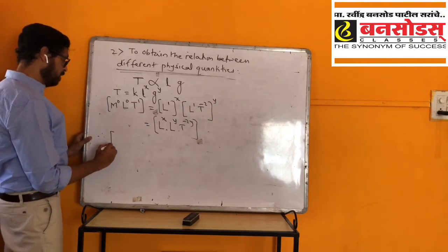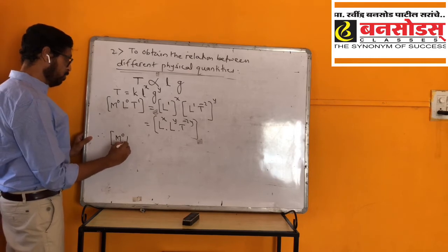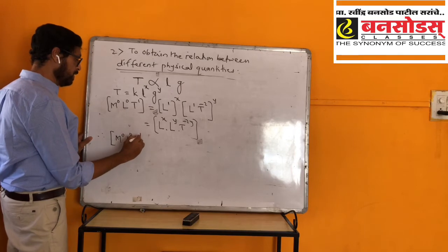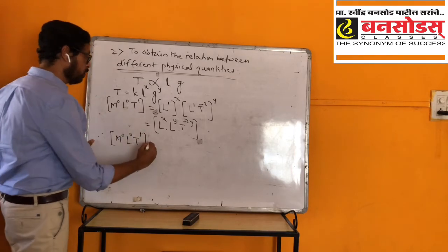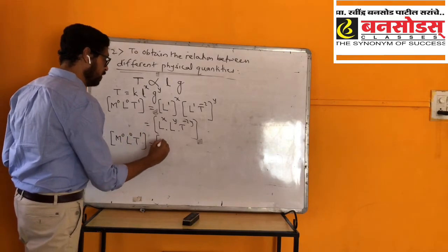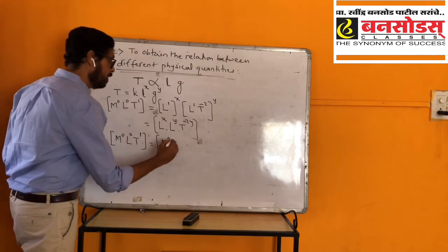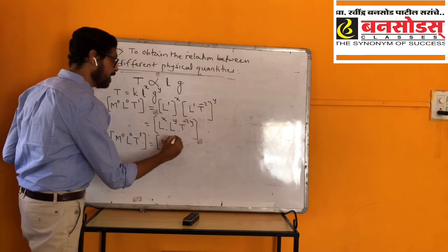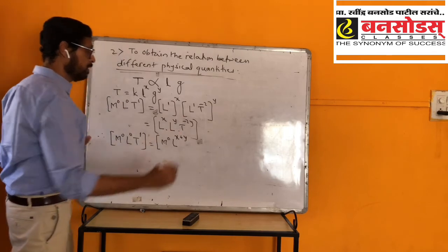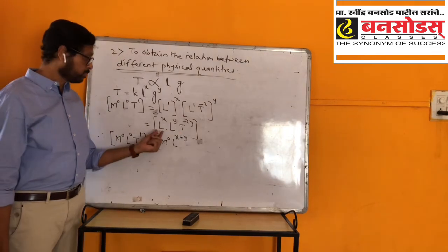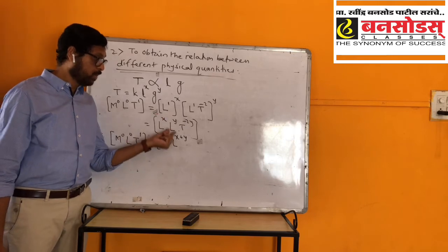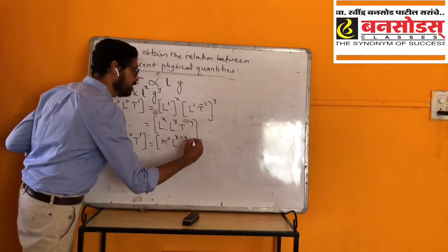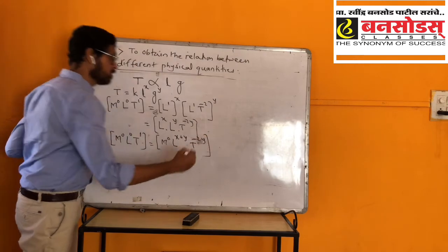Therefore, M0, L0, T1 is equal to, here also M0, L raised to X into L raised to Y, X plus Y, L raised to X into L raised to Y will be L raised to X plus Y, and T raised to minus 2Y.